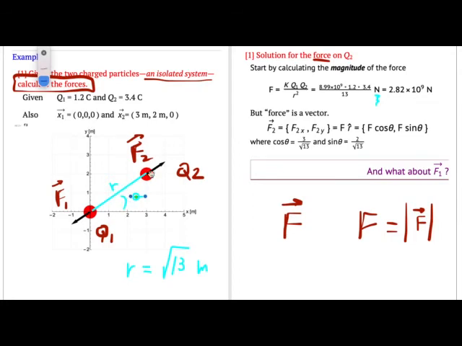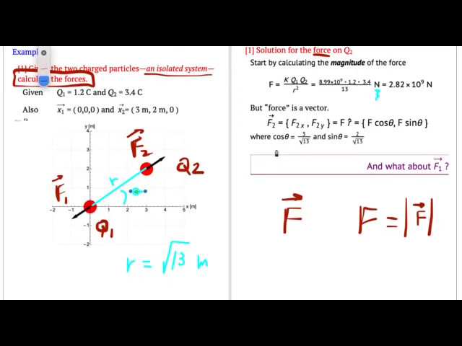If I project down this right triangle, the adjacent side is the x-coordinate. That's cosine theta. And the opposite side is the y component. So cosine theta is 3 over the square root of 13. Sine theta is 2 over the square root of 13 by trigonometry.